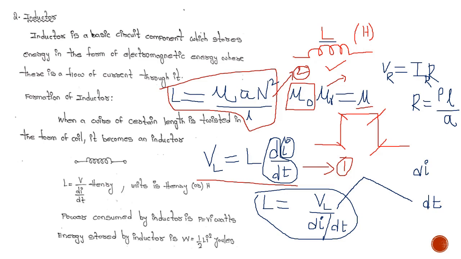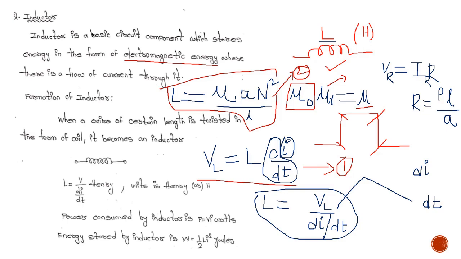At the starting of the video, I told you this inductor is actually an energy storing device. Inductor and capacitor, both are energy storing devices, right? So this inductor stores the energy in the form of magnetic field. It will act like a magnet when we give electrical energy.